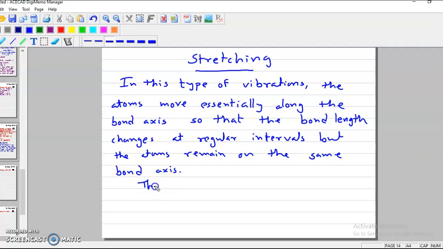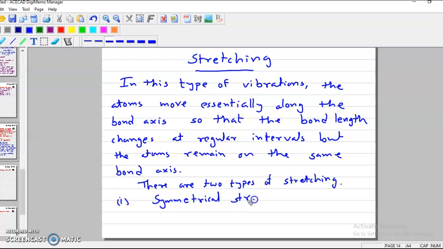There are two types of stretching. First one is symmetrical stretching, and second is asymmetrical stretching.